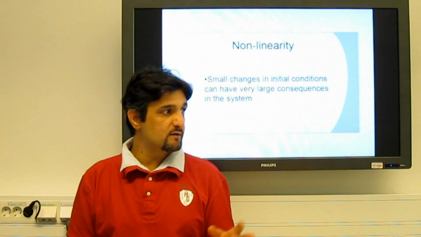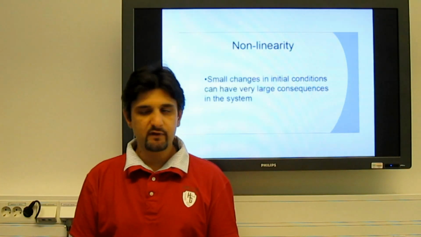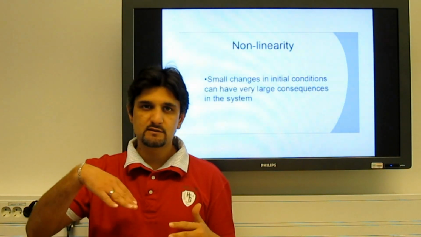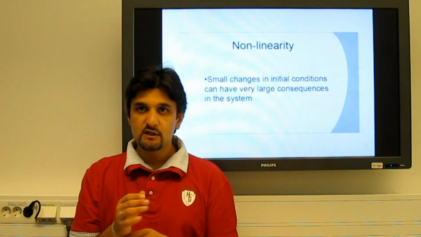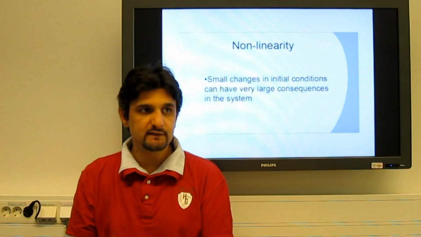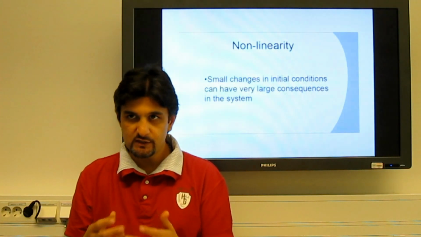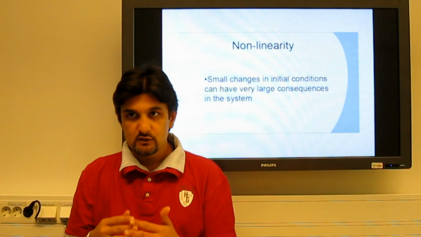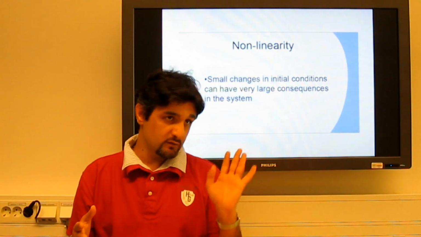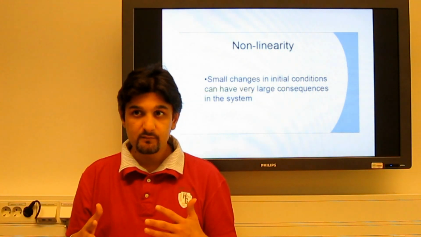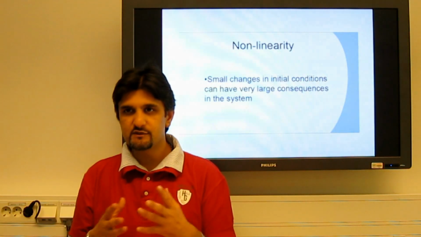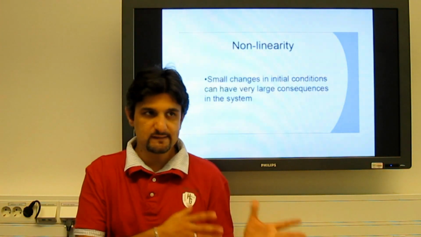For example, there is a car parked somewhere, not on a very flat place. If you push the car just a little bit, you change the initial condition. Maybe we're going to talk about whether it's going to increase or decrease, but it's not going to be the same as it was in that place.